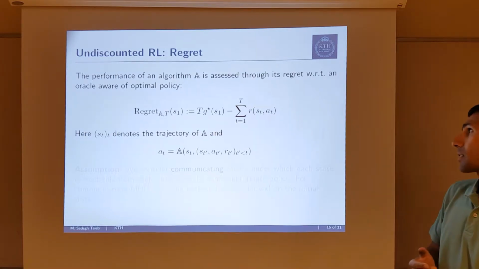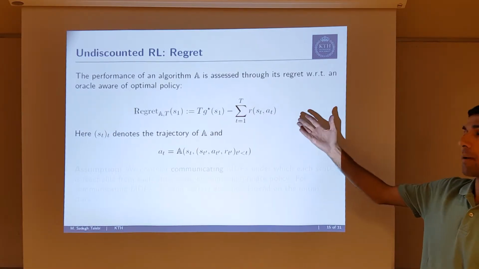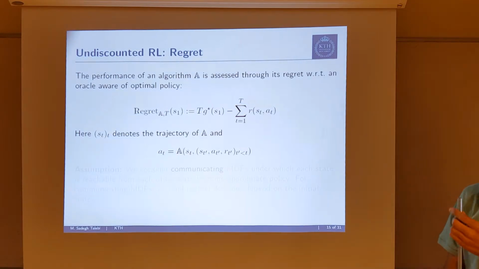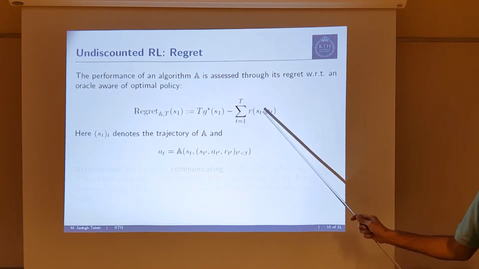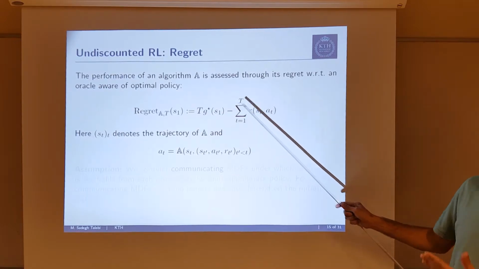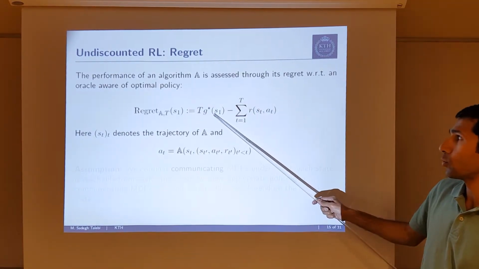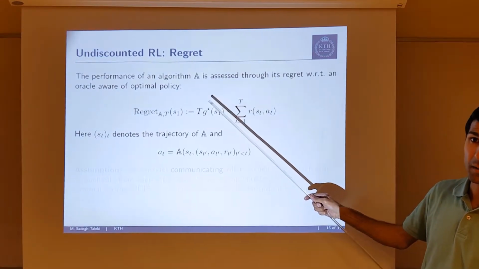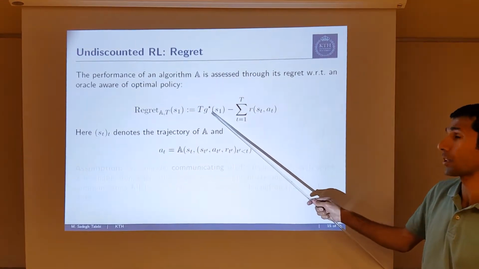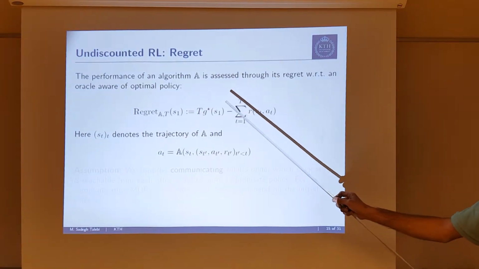It's very strong because any upper bound on this would compare what you would achieve under the case where you do not know your MDP, but also compares to the trajectory taken by the optimal algorithm.